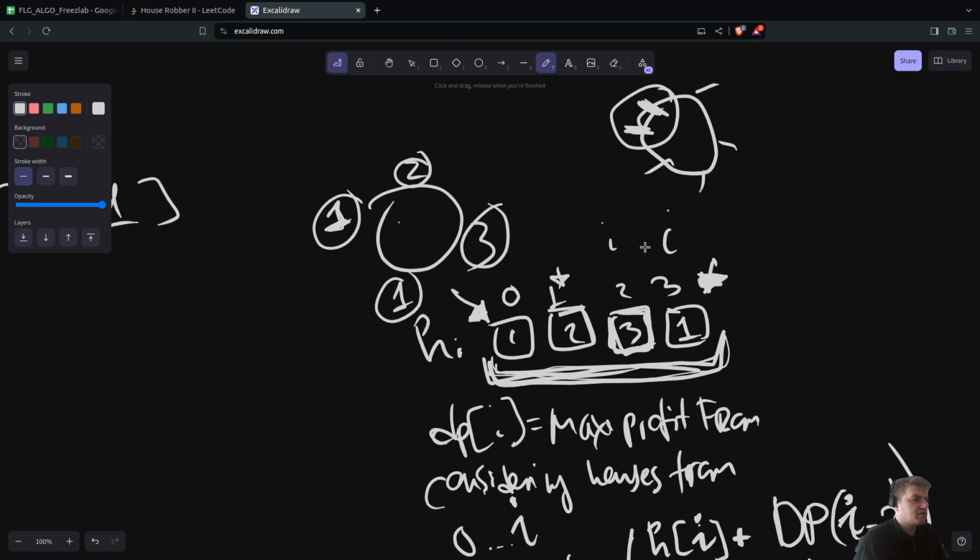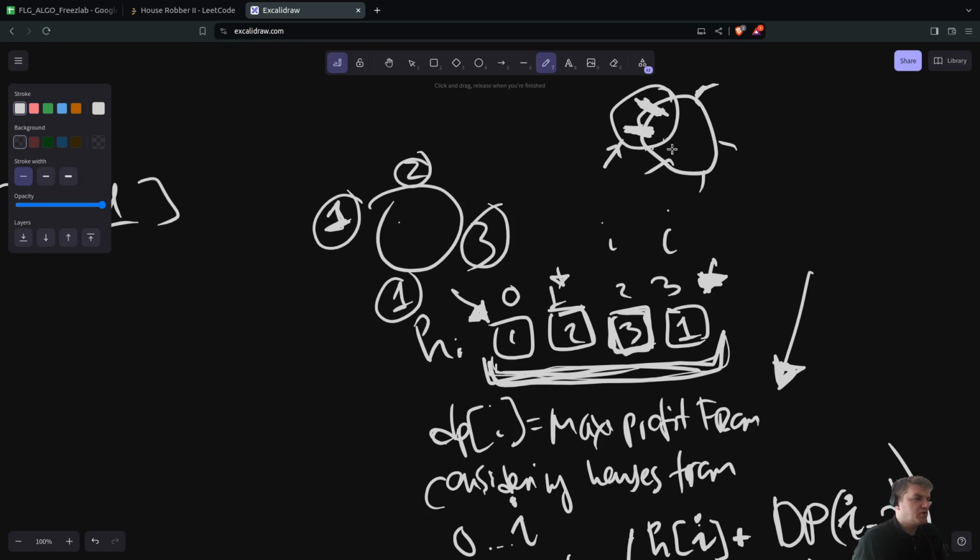So if I apply the same solution for this circular street structure, the case where the last and the first houses are neighbors will be considered as a candidate for robbing, but this should be excluded.